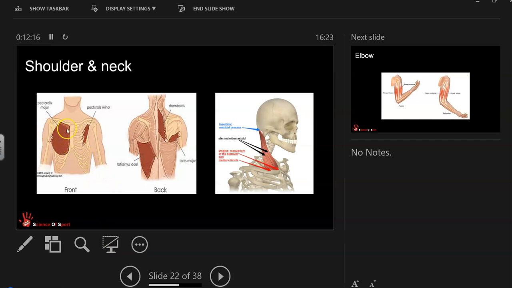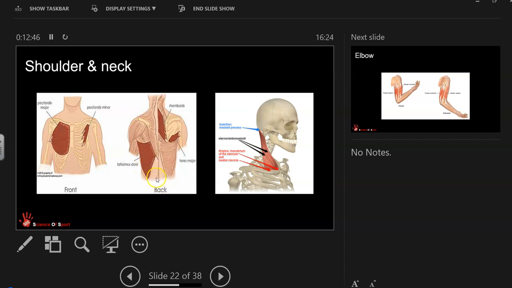When we have horizontal flexion, the humerus is pulled across the body towards the midline by our pectoralis major. There is another muscle underneath, so it would be on both sides, but it's just showing you this is the superficial muscle, the muscle that's on the top, and this is the deep muscle, pectoralis minor, and that would be underneath on both sides, and the pec major would be obviously on top on this side.